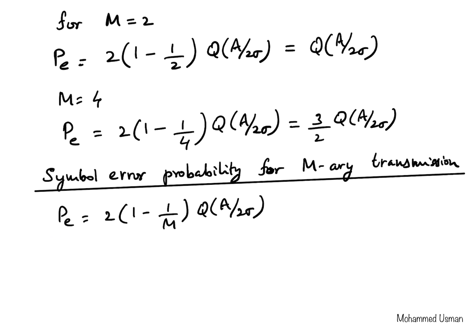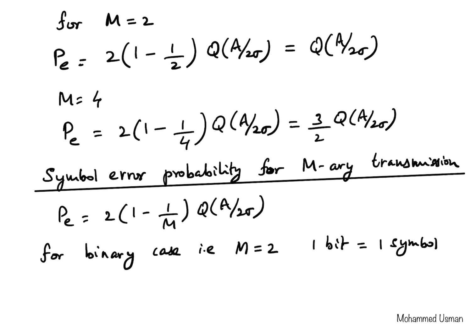And by the way, for the binary case, that is for M equal to 2, 1 bit is equal to 1 symbol. So therefore, a symbol and a bit mean the same thing in the case of binary transmission. So therefore, the symbol error probability and the bit error probability are identical.